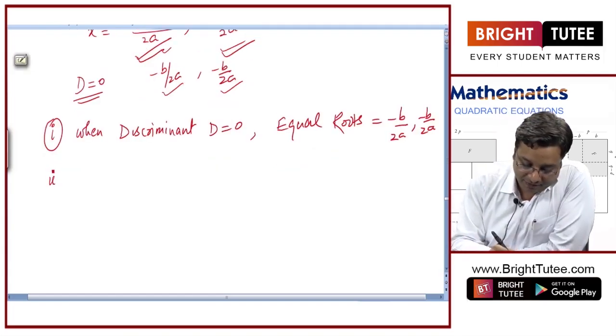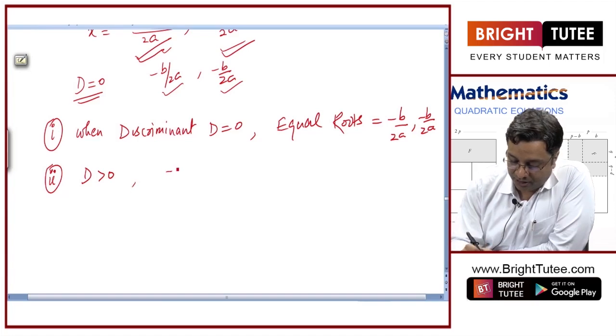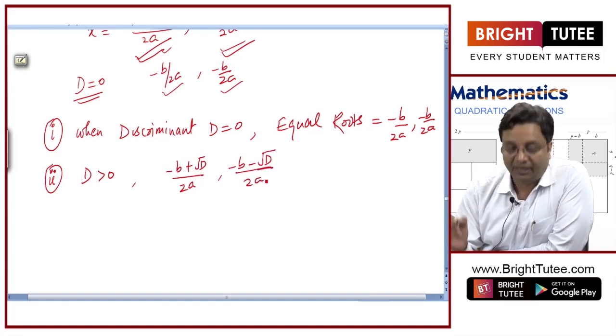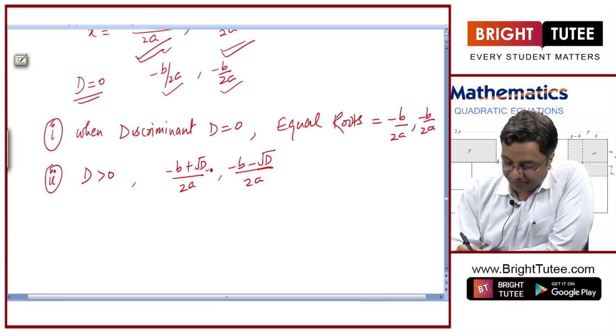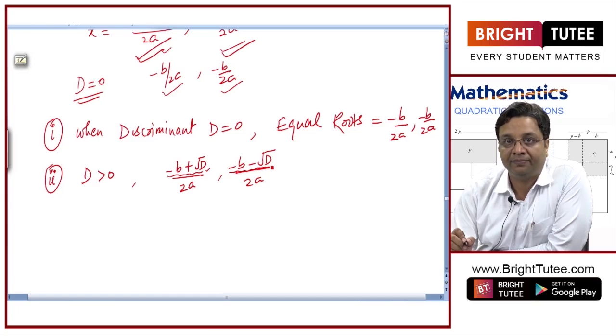And let us see when d is greater than 0. When d is greater than 0, the roots are minus b plus root d by 2a, minus b minus root d by 2a. If d is greater than 0, then obviously minus b plus root d will be distinct from minus b minus root d.